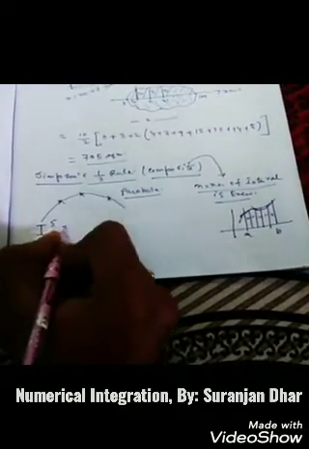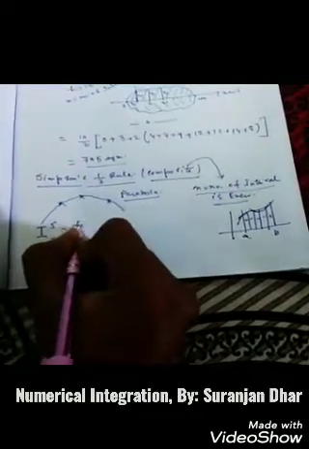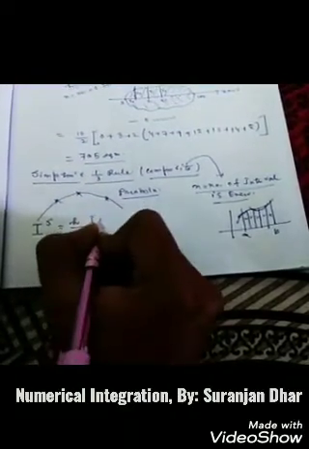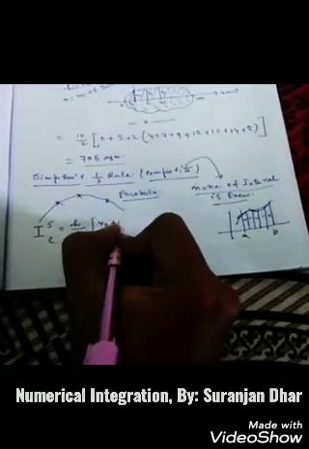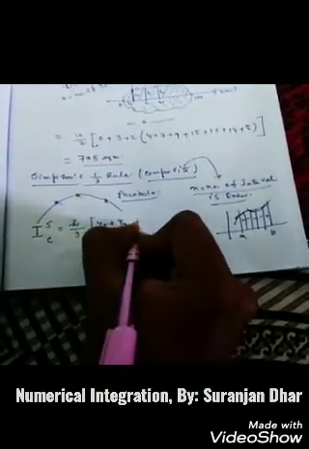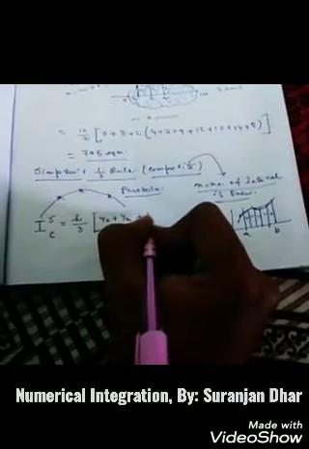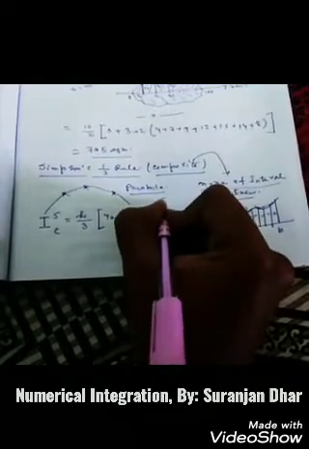In the trapezoidal rule we use h by 2, and here we use h by 3. Again, first plus last, where n is the number of intervals, so the last value is y_n. In the trapezoidal rule it was 2 into remaining others, here 2 into even points.